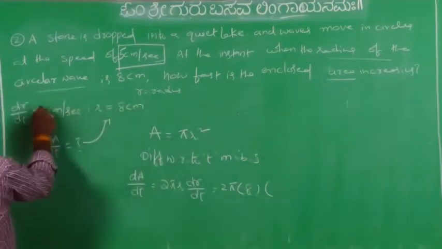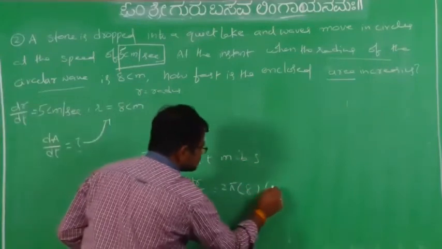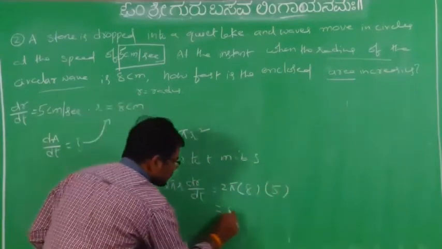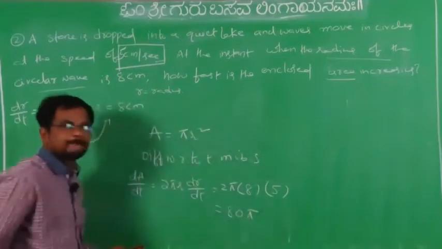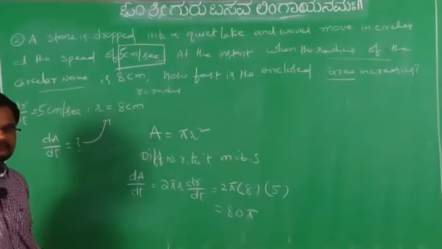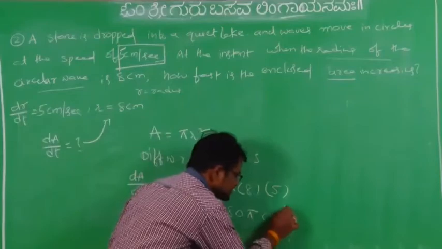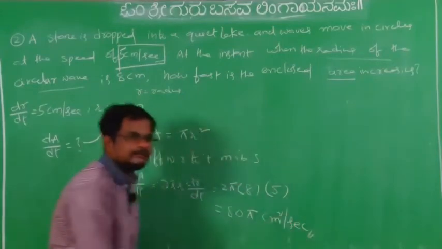Here dr by dt is 5, that is equal to 80 pi, units, centimeter square per second. Right?